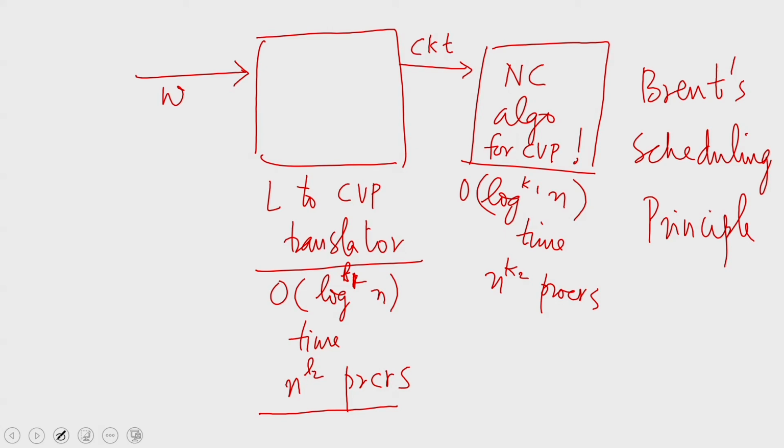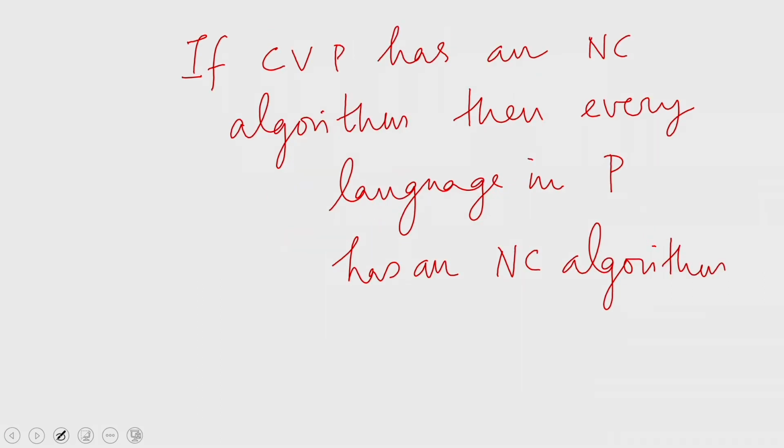Each of these individual components of the algorithm are polylogarithmic time algorithms, and each has a polynomial cost. So, the total cost is a polynomial as well, and then the larger of these two time bounds can be used for finding the number of processors that should be used in Brent's scheduling principle. Such an execution of this juxtaposition will be an NC execution. Therefore, we have established that if CVP has an NC algorithm, then every language in P has an NC algorithm.